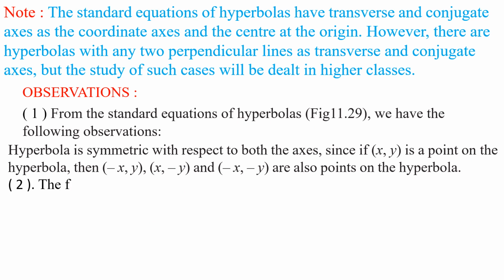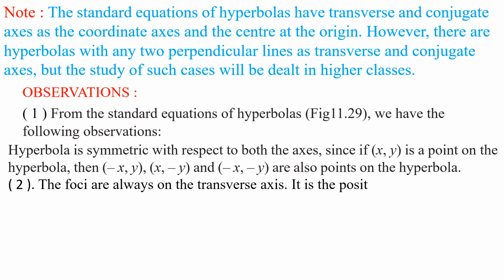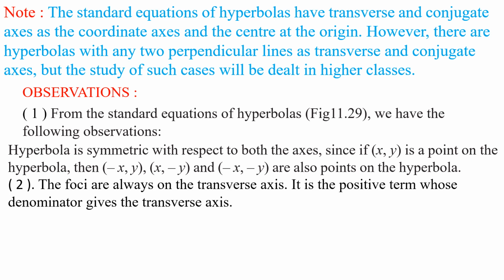Now come to the second observation. The foci are always on the transverse axis. So, my children, observe the figure 11.29. We find that the foci are always on the transverse axis. It is the positive term whose denominator gives the transverse axis.